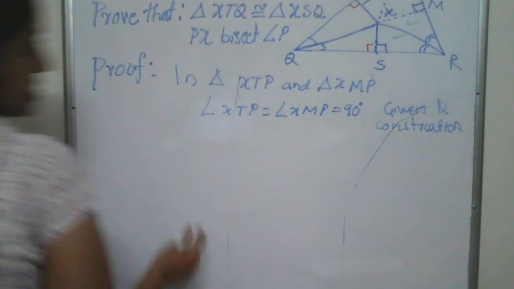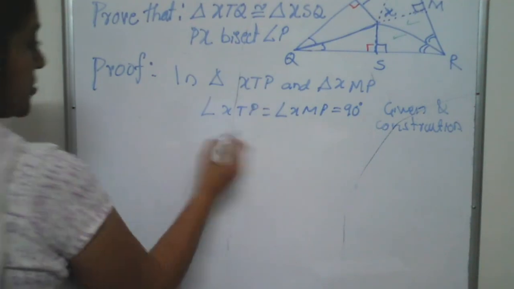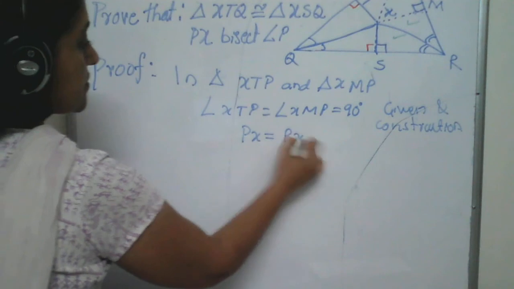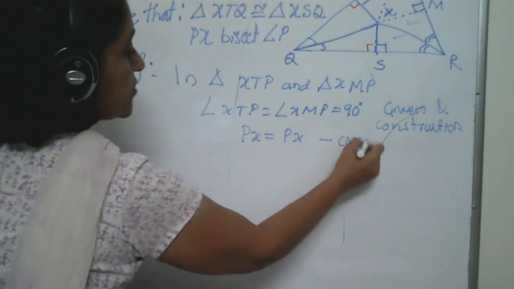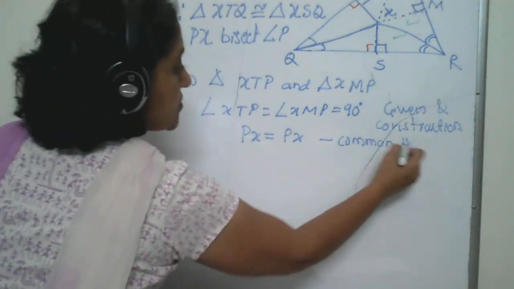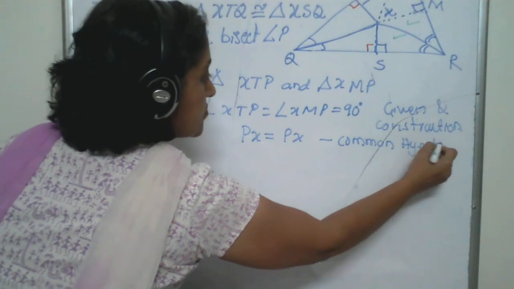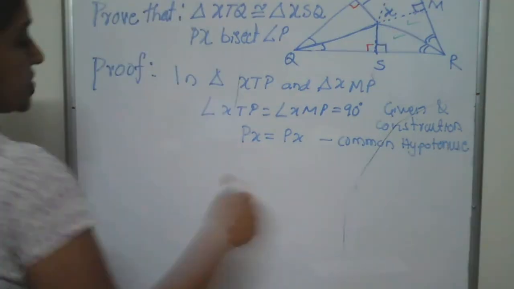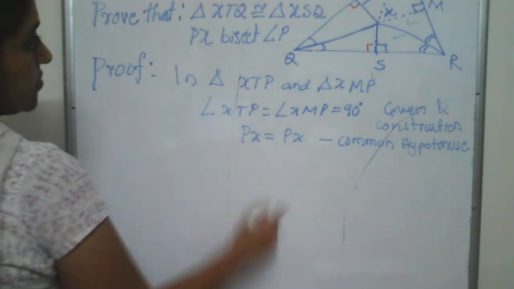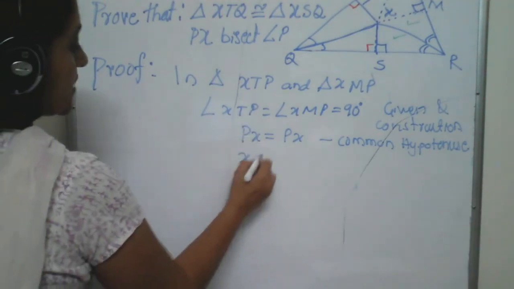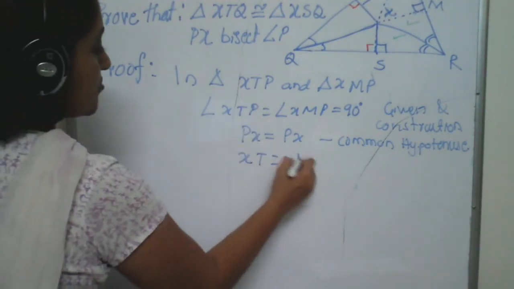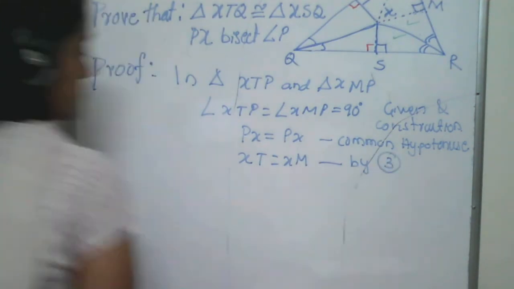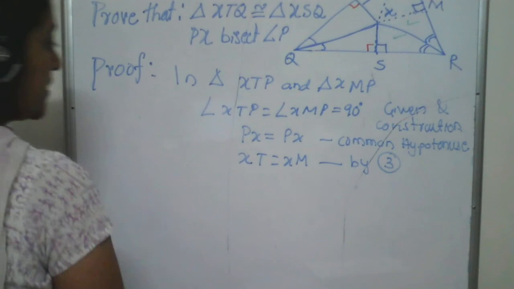Then H: PX is equal to PX, common hypotenuse. Then what we get? One of the sides, XT is equal to XM by 3. Hope I am numbering it right.